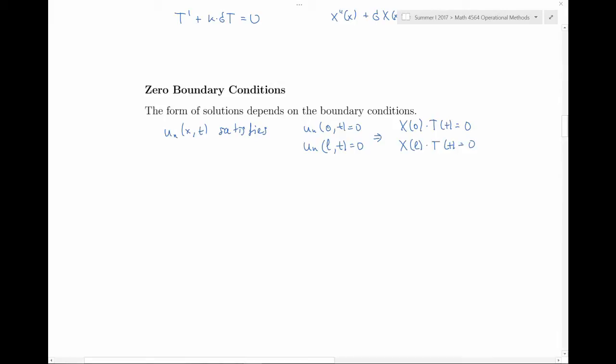Well, if the function T of t is 0, then we have a trivial solution. U sub n equals 0. We're not interested in such trivial solutions. We are interested only in solutions that can be non-zero. Therefore, we assume that the function T of t is a non-zero function. And therefore, the only possibility for this to be true is that X of 0 and X of L are both 0.